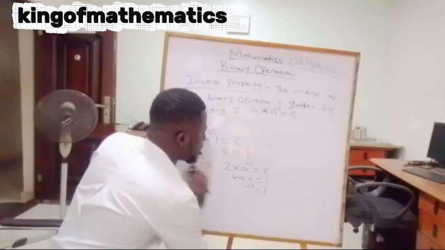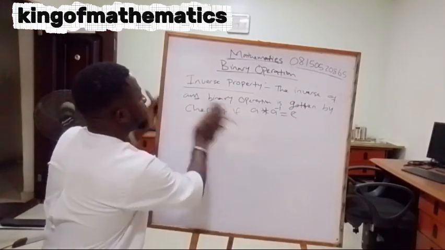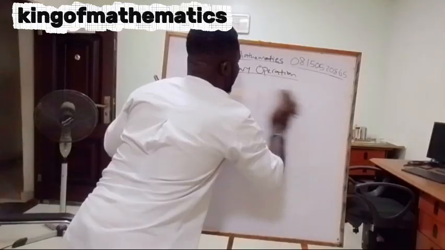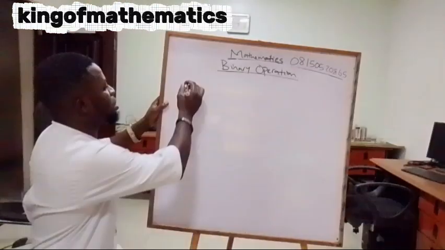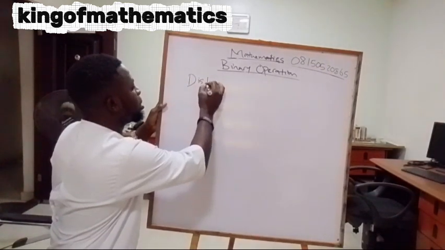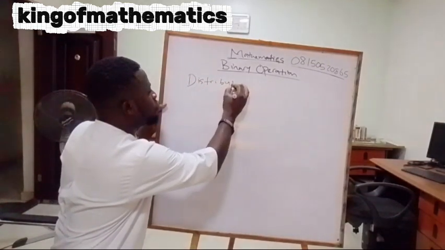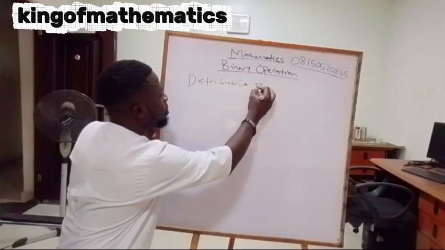So let's see the last one here. The last property, which is the distributive property.